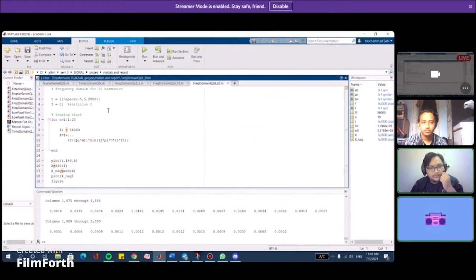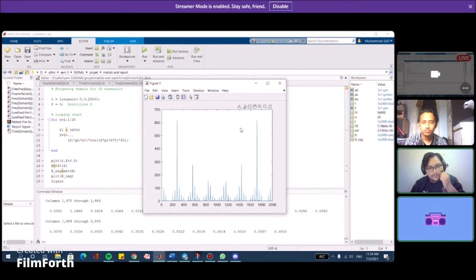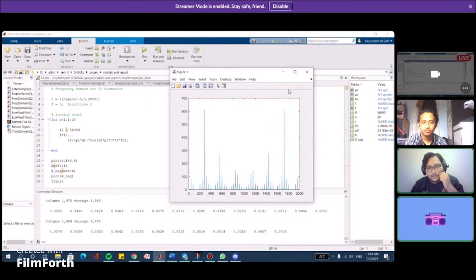And the last one is the frequency domain for harmonic 20. Here is our simulation for harmonic 20 in the frequency domain. That is all from me.